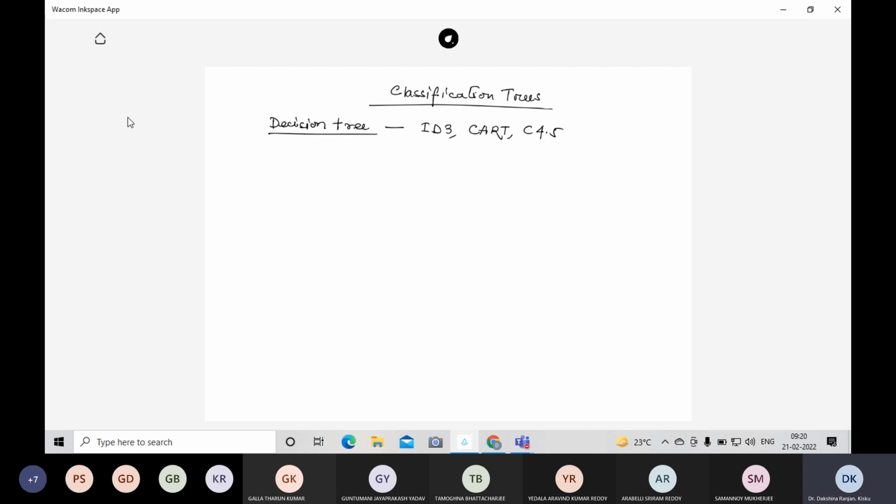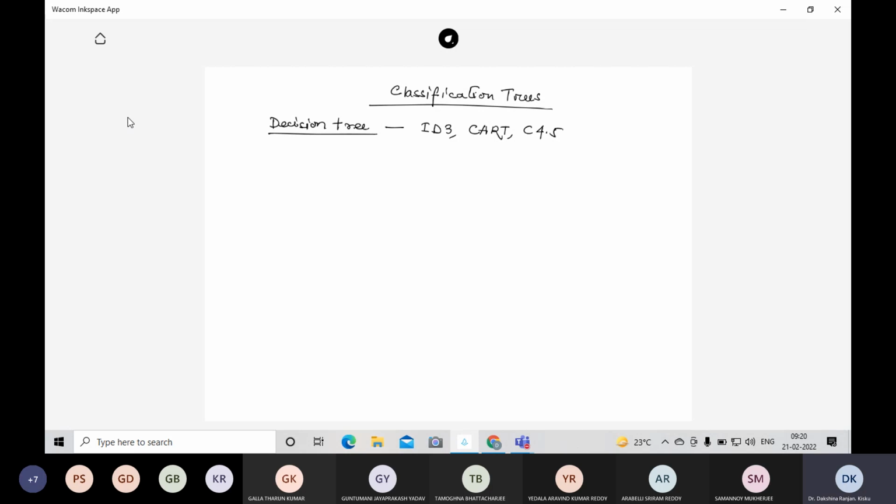Now, when the classification task is done by the decision tree algorithm, then the decision tree algorithm assigns the labels to the examples.